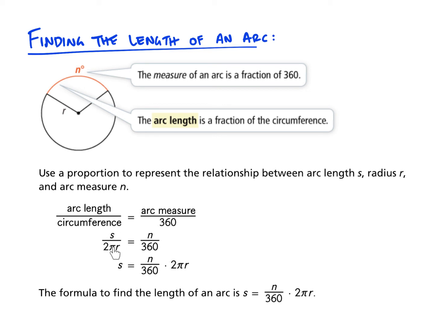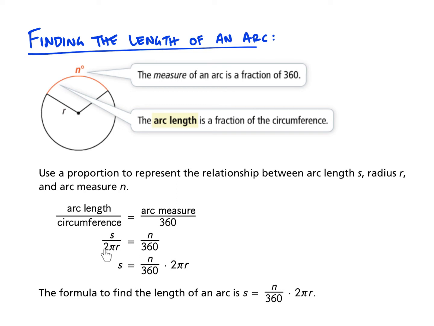So S over 2 pi r, because 2 pi r is our formula for circumference, the radius times 2 times pi. And then I put n for arc measure over 360. Of course, I would need a number for the radius and a number for the arc measure. But if I could fill in those two numbers, I could cross multiply and do the math to solve for S.